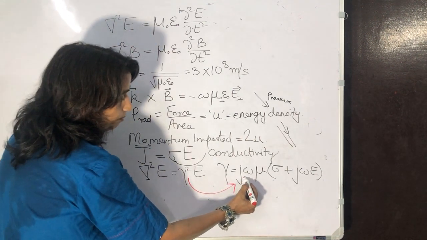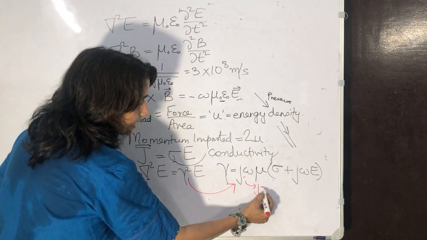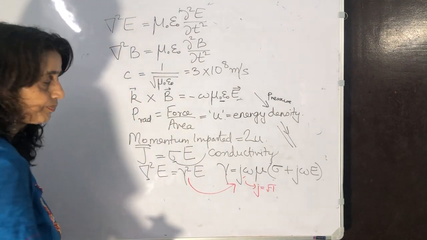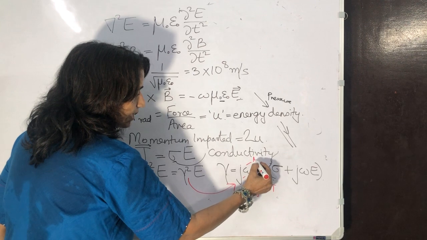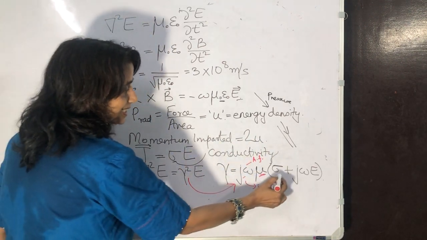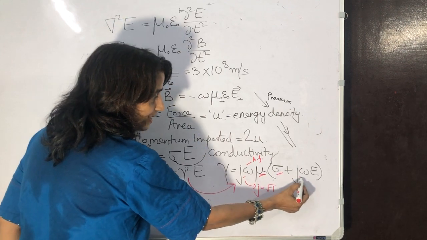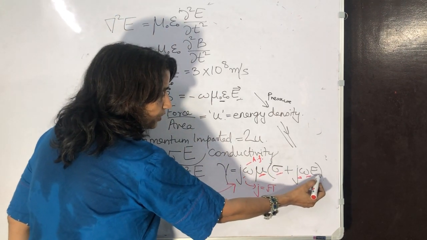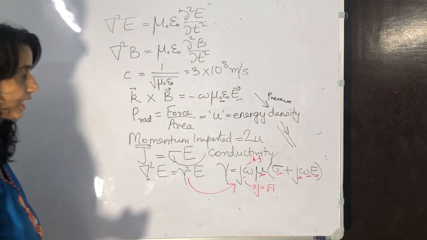J is my complex factor, J is equal to under root of minus 1. Omega is angular frequency, mu is permeability, sigma is conductivity. Once again, J is the complex factor, omega is angular frequency, and E is electric field.